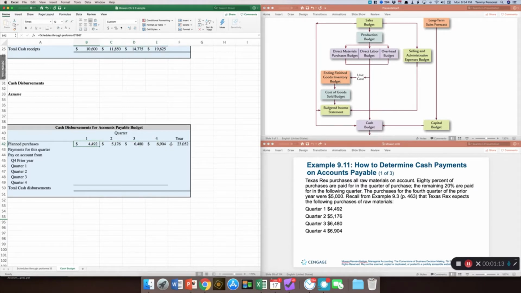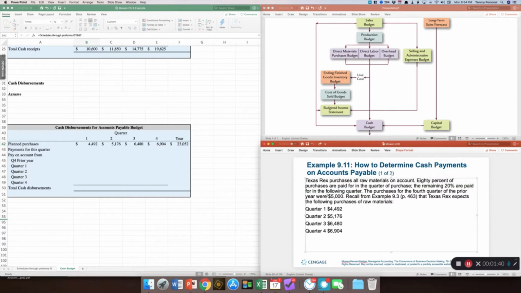This was calculated in some of the schedules we worked on in prior videos, and here comes our assumption. So we purchase everything on account, and then 80% of our accounts payable we pay during the quarter that we purchased it, and then the remaining 20% we are going to pay for in the following quarter.